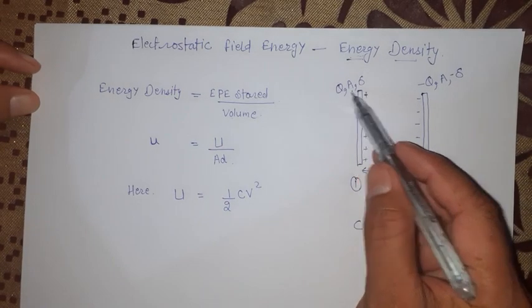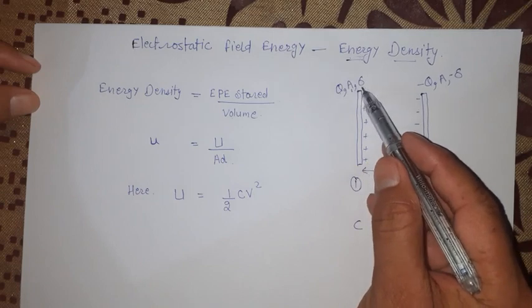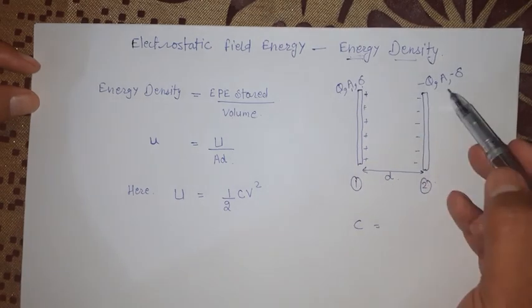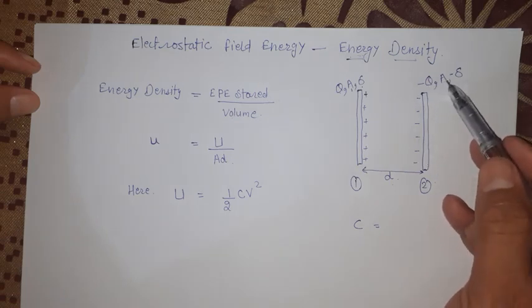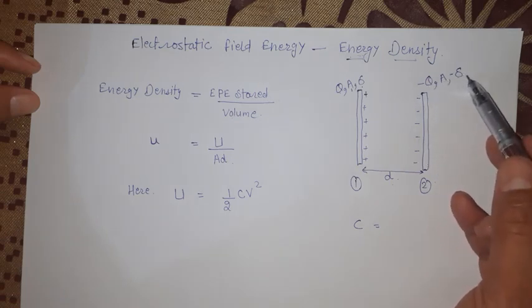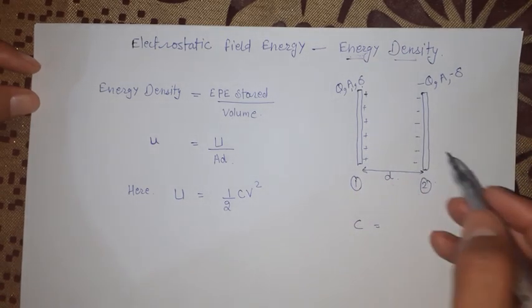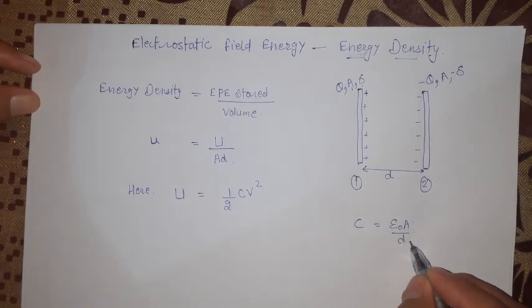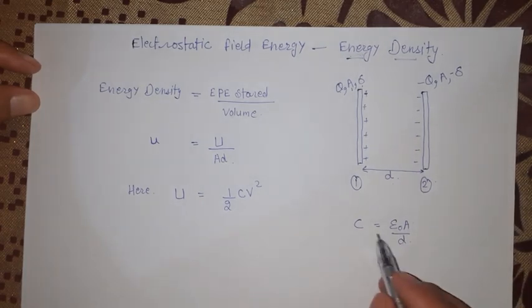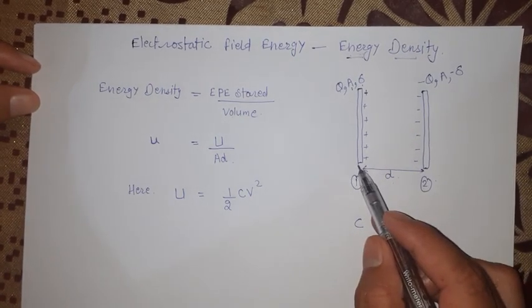The charge on this plate is q, area of cross section A, and charge density is sigma. Over here this plate has negative q charge, area of cross section A, and negative charge density. Air is the medium over here, so the capacity is epsilon naught A by D.